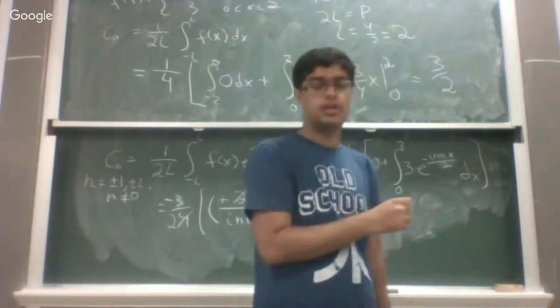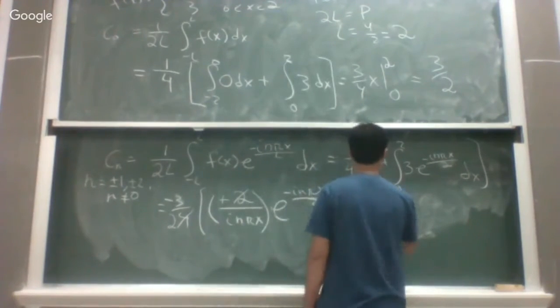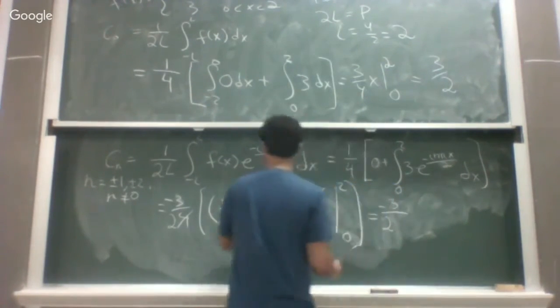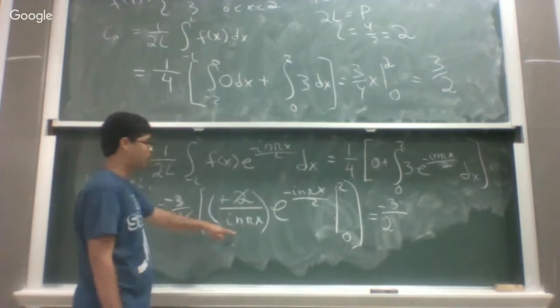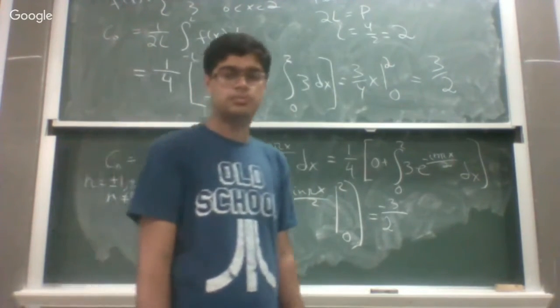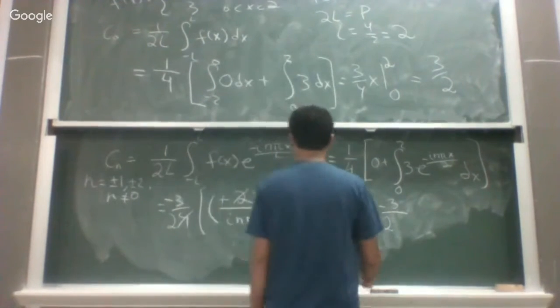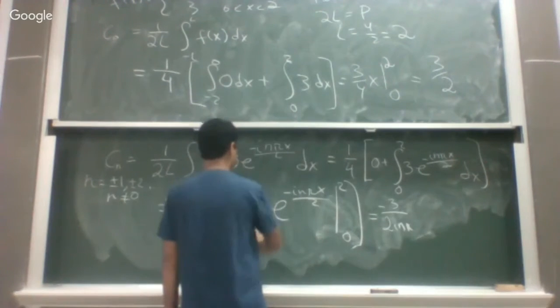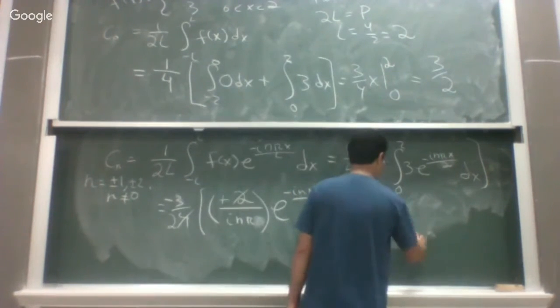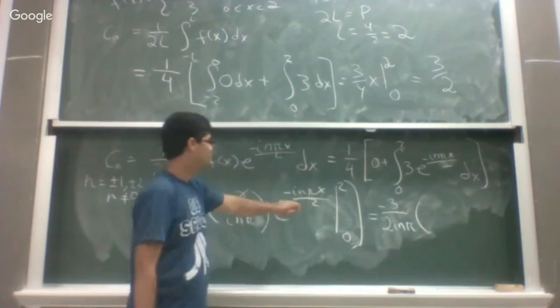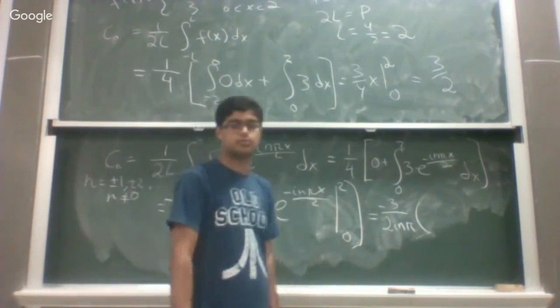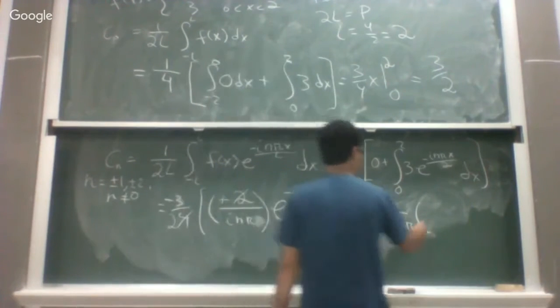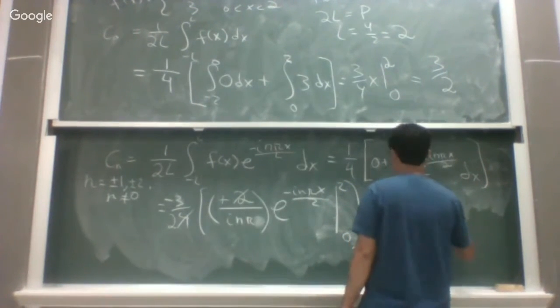So we have negative 3/2 times i n pi, oh, there shouldn't be an x there, i n pi times e to the i n pi, negative i n pi, minus e to the 0, which is 1.